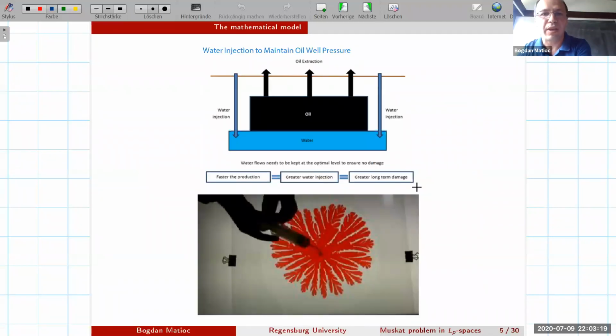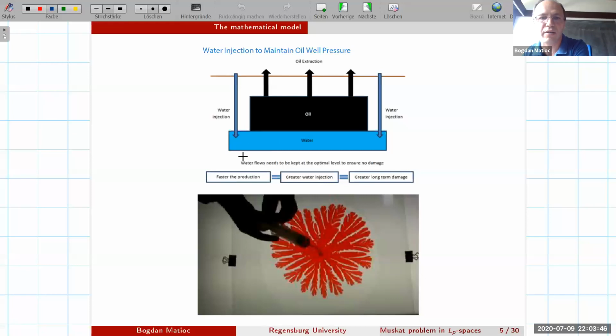One may think that if one pumps water at a fast rate, then the production rate is also fast, but this is wrong, because in this water-oil business there are two issues. The positive thing is that the density of water, which is the fluid below, is larger compared to that of the oil, and this stabilizes the process.